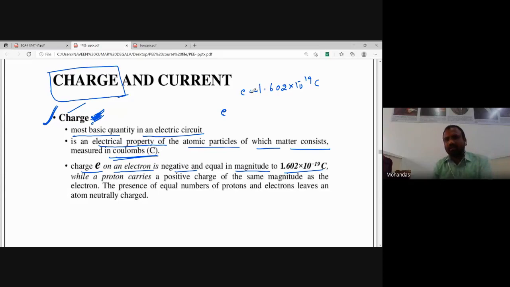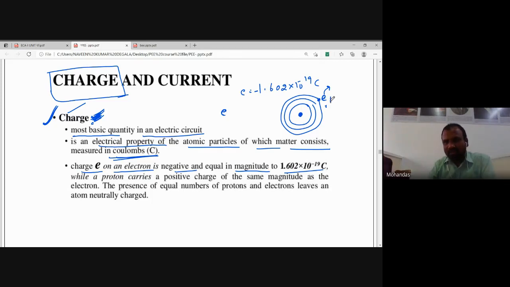So this is the value of the charge, and it is a negative charge, so you have to add minus here. Now what I'm trying to say, again I'm explaining here, is that in an atom there is a nucleus and there are different shells. In the outermost shell there is an electron, let us say one electron. As it is an excess of electron in an atom, which charge can it create, positive or negative? Excess of electron is having a negative charge.